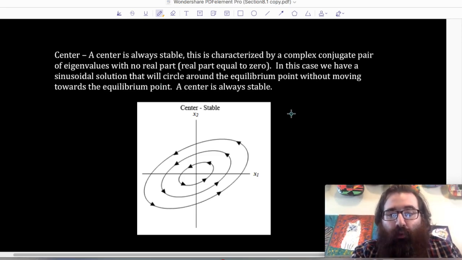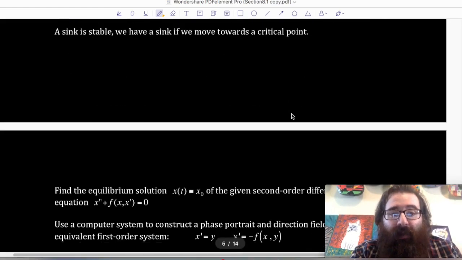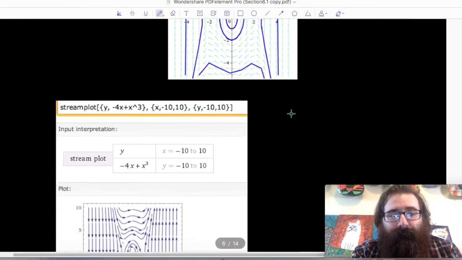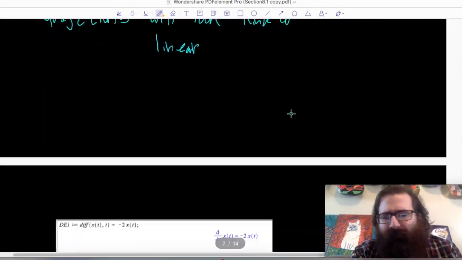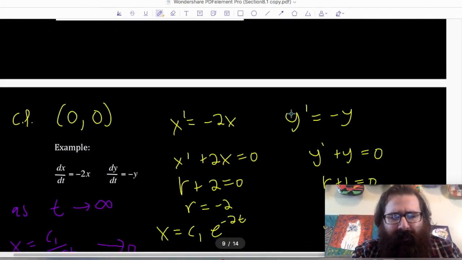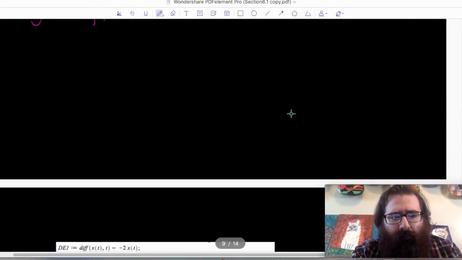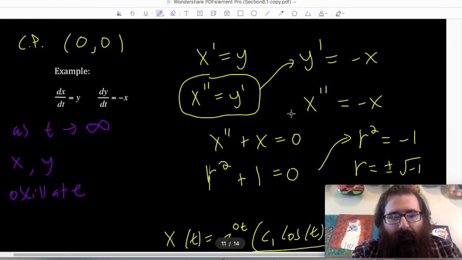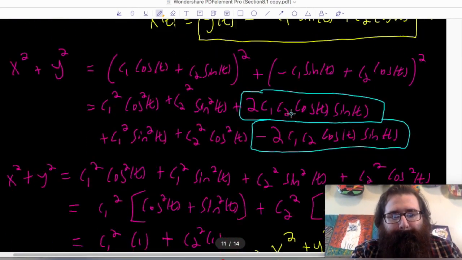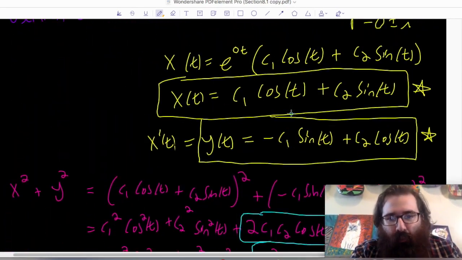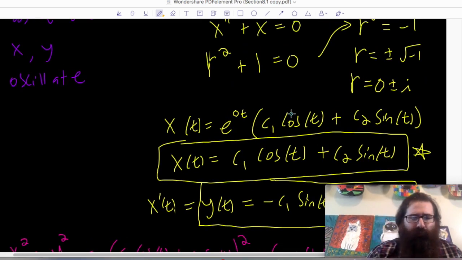We say a center is always stable. And that's really what we have here in this case. Hopefully we've done enough to justify it or to hint at it through our work. Yeah, that equation of a circle really pushes that idea home.